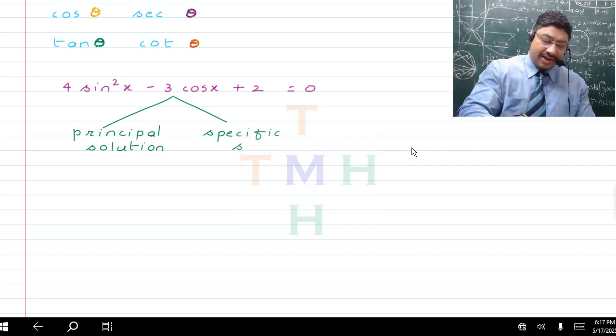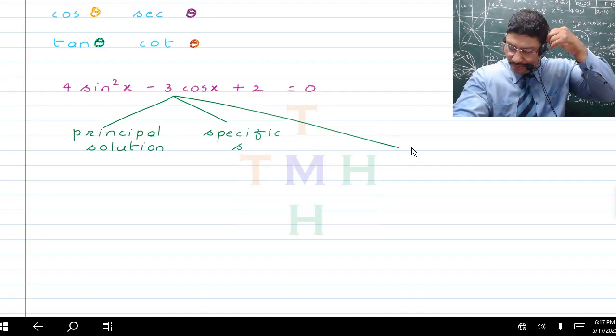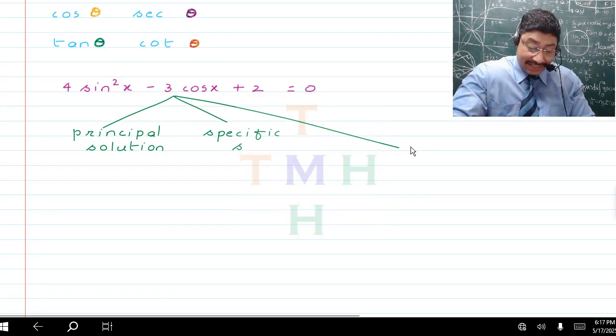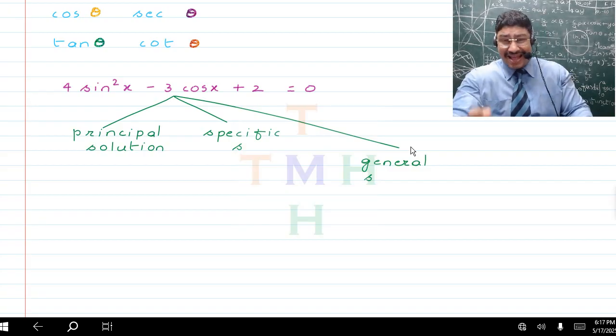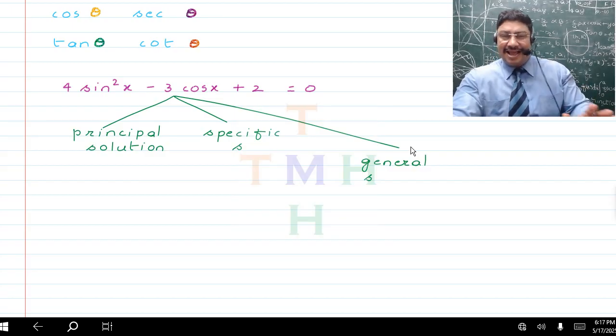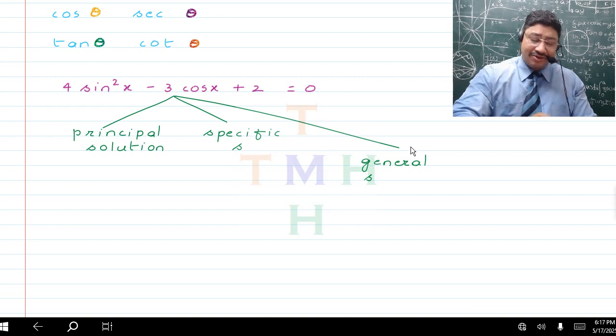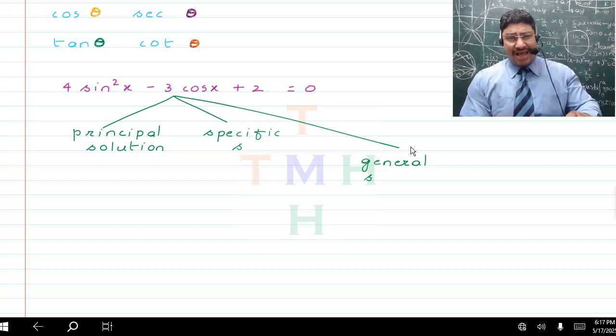Now next we talk about the third type of solution that we want to find out, and that is actually why you study this chapter, that is the general solution, right? And when you talk about the general solution, children, then this is that solution which has all of the other solutions automatically in it. Thus, in the language of sets, we can say that the general solution properly includes the specific solution and the principal solution.